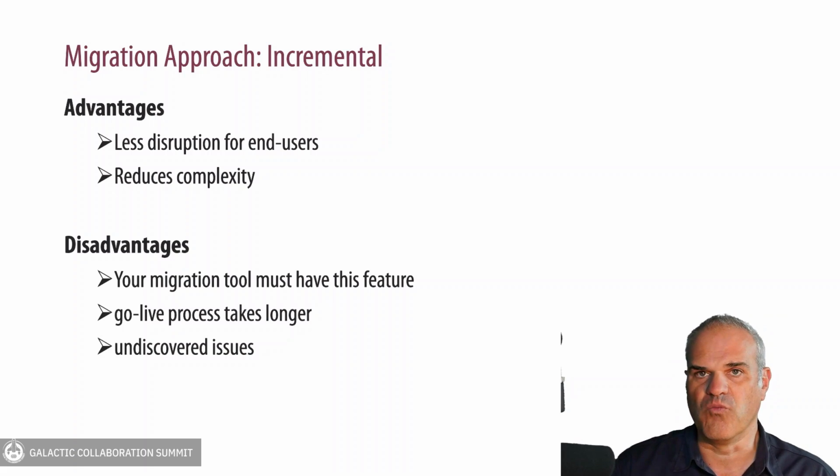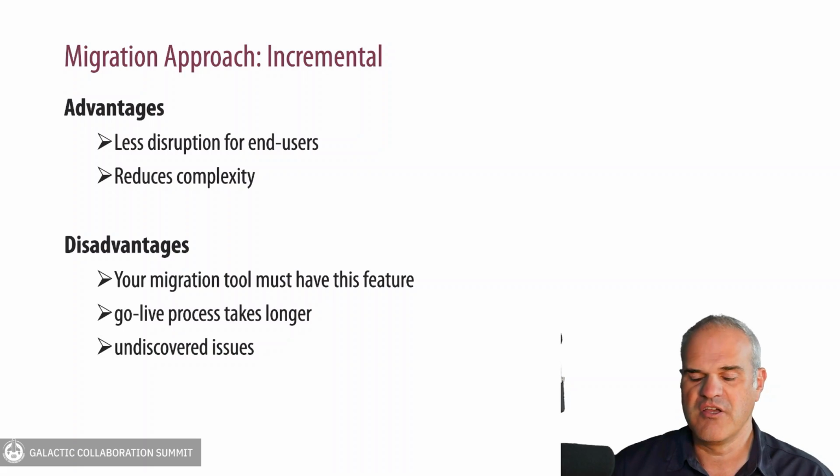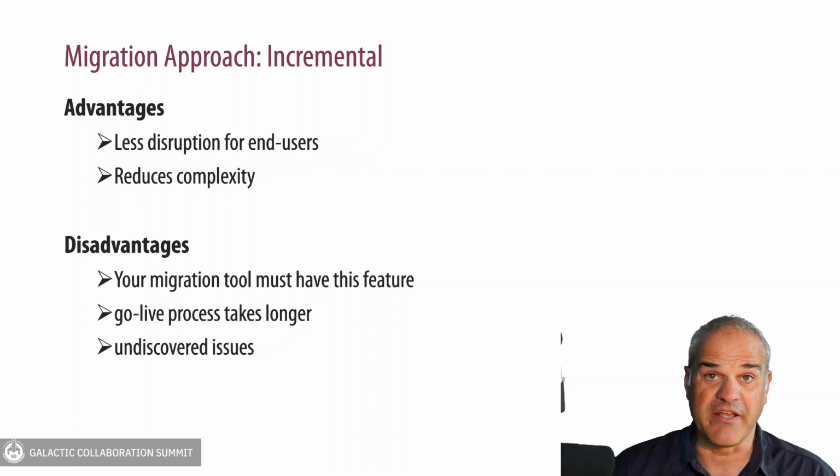And the tool will migrate and sync between source and target tenant. Here, you need to buy or get a tool. It takes longer, and maybe you are going to run into issues which you didn't plan because the sync is going to offer issues which you didn't scope. But for large environments, that's definitely one of the most recommended approaches here.